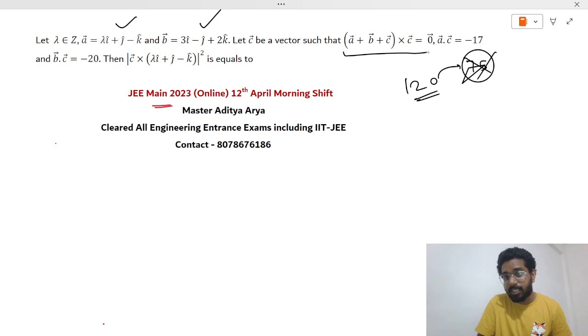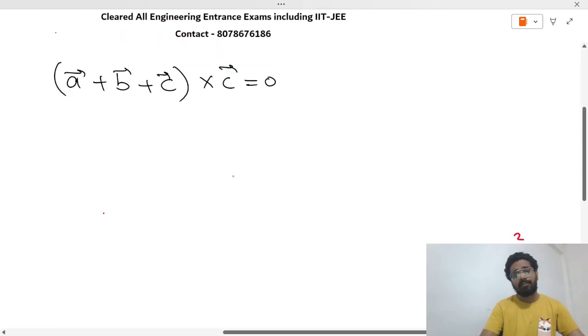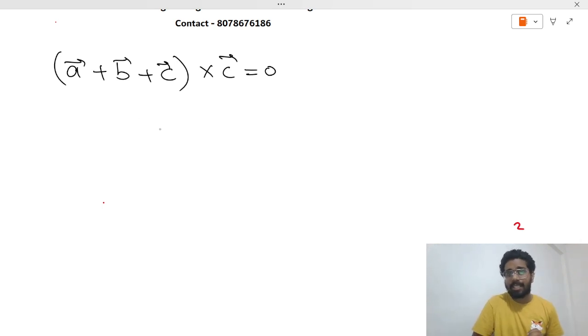Let's first discuss this part and then we will read the next statement. So I have (A vector plus B vector plus C vector) cross C vector equals 0. Just make a note of the concept that we are going to use. I'm going to take advantage of a concept which says that if you take a cross product of a vector with itself, it will be zero.